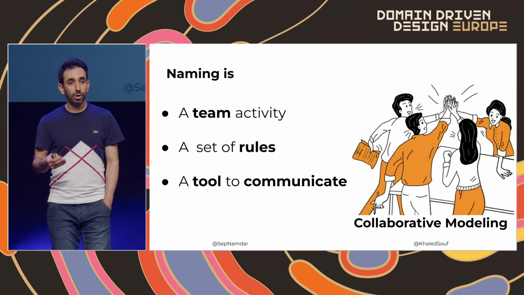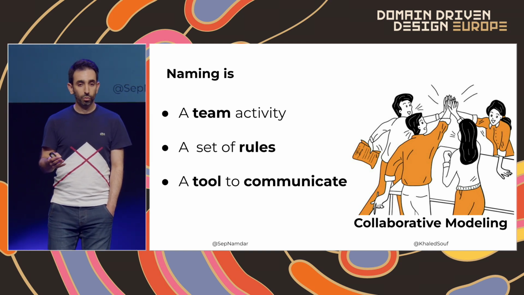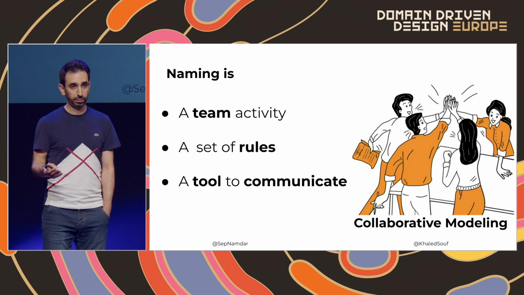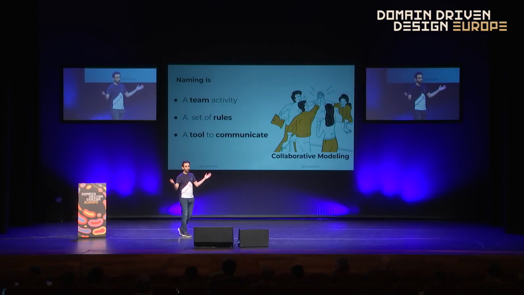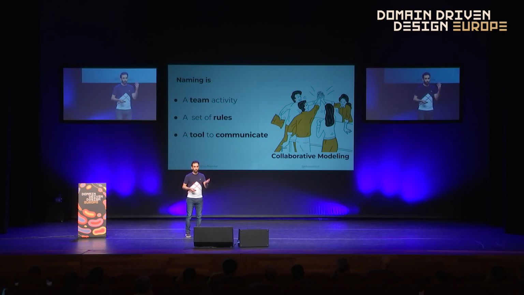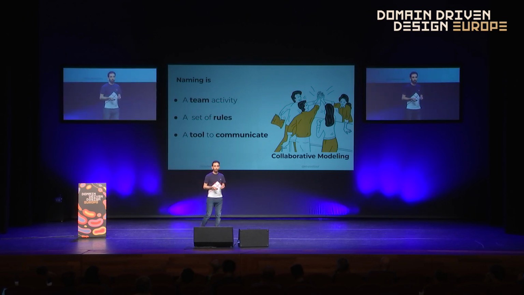Naming is also conventions. These are rules that we fix with our teammates. We need to gather the whole team together, put them in a room, talk about these conventions, and decide about them. Once set, we need to put them somewhere, for example, in a wiki, or as a linter, like the one from Airbnb or Google.